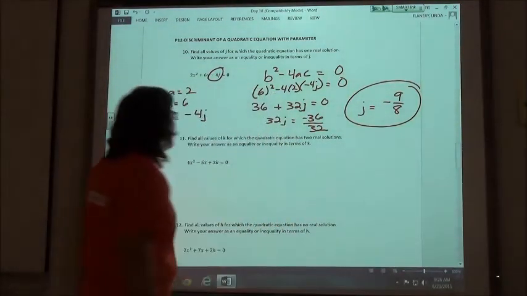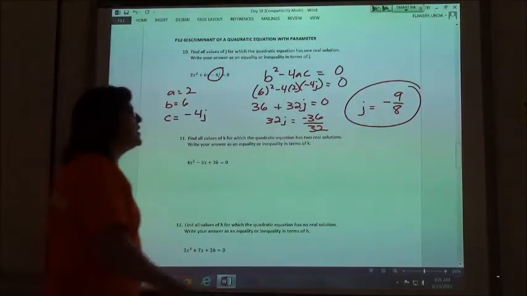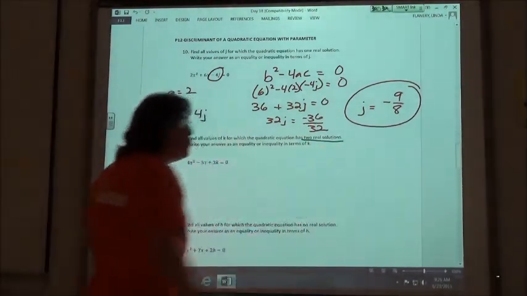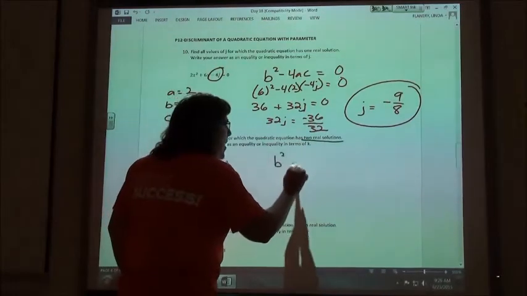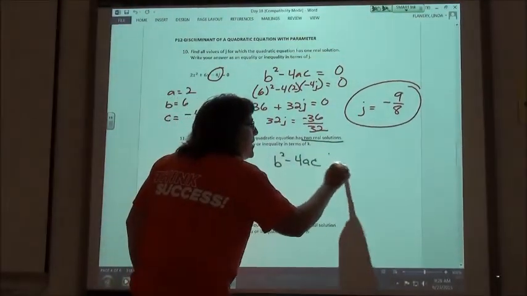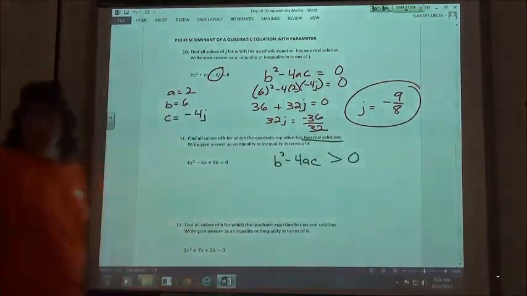So on the next one it says find all the values of k for which the quadratic equation has two real solutions. If it has two solutions, we know that it has to be a positive number. So we know b squared minus 4ac has to be greater than 0.